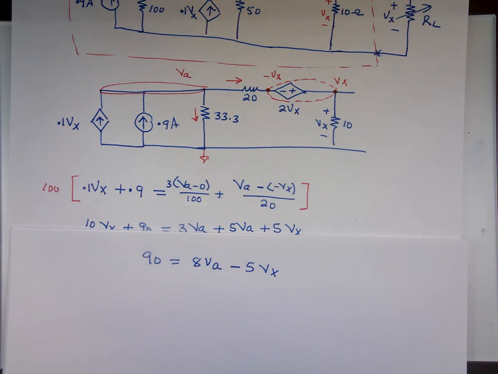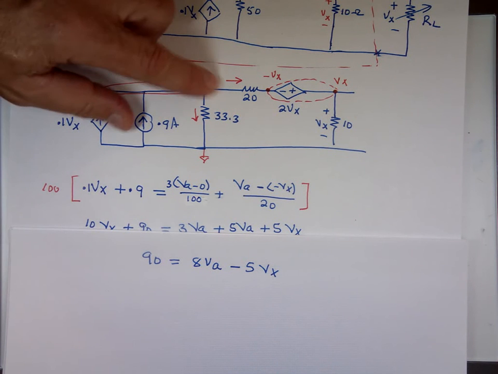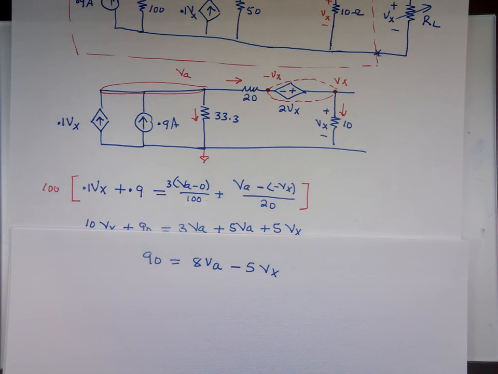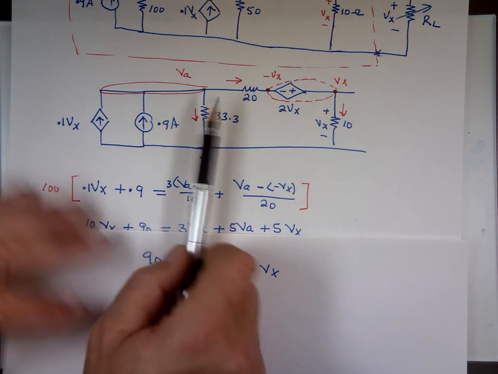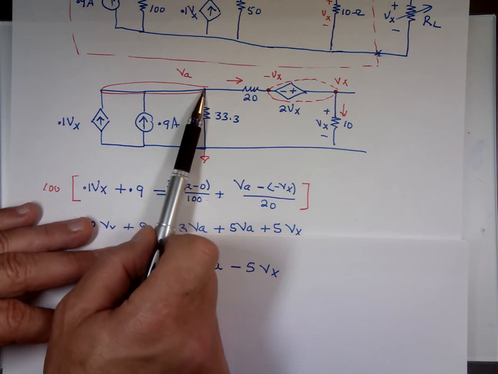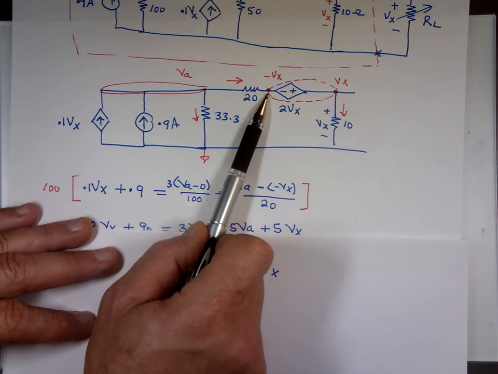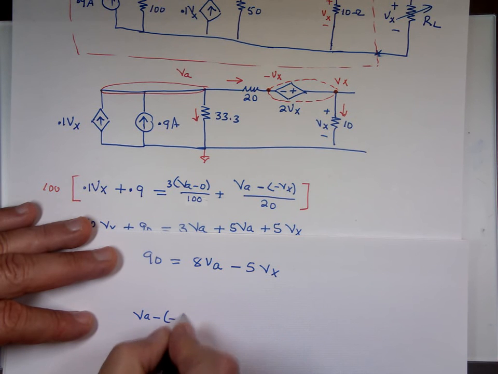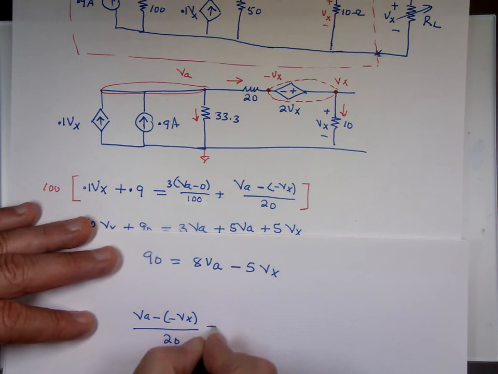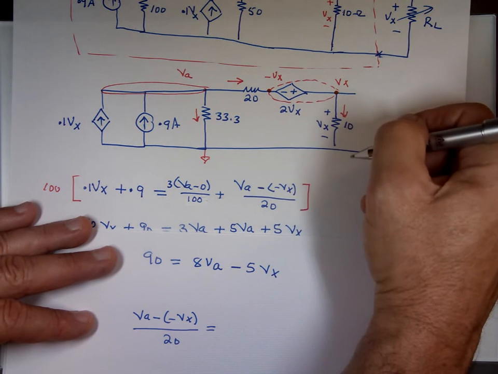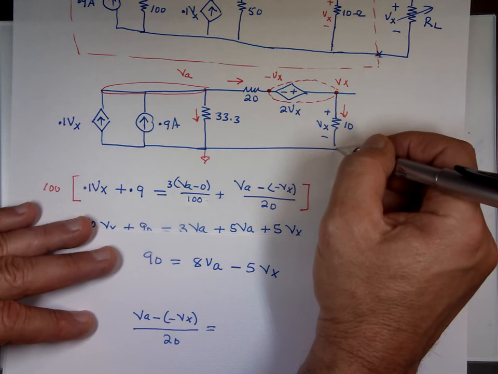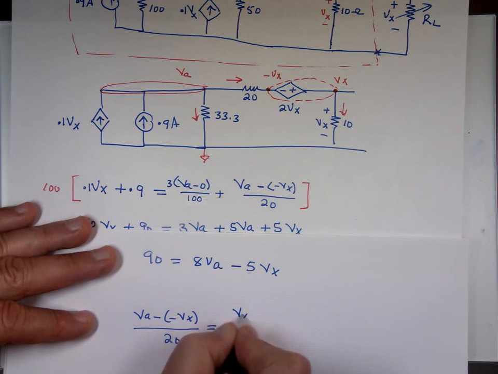So if you define this current going to that node and this one leaving, if we do KVL at that super node, what is going to that node? VA minus a negative Vx divided by 20 equals the current coming down, which is what? Vx minus nothing over 10.